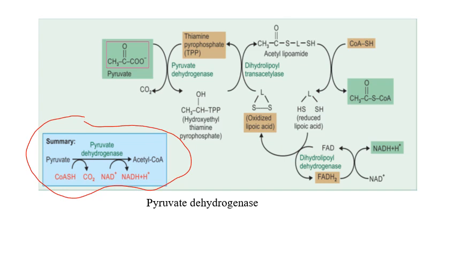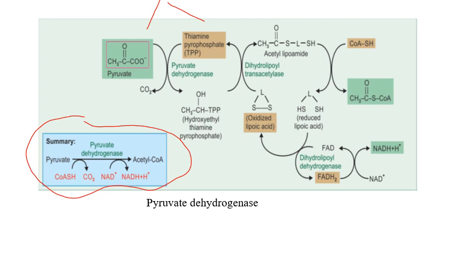So let me try to explain. First, the pyruvate and thiamine pyrophosphate combine to form a condensation product. This is done with the pyruvate dehydrogenase enzyme.